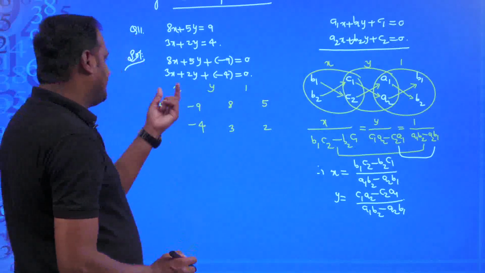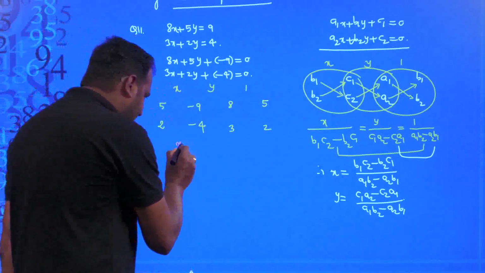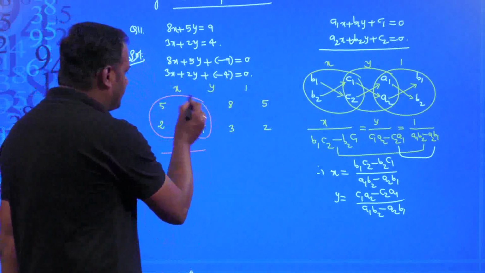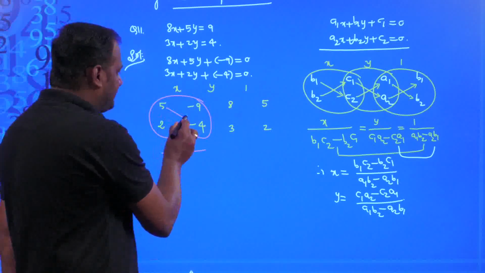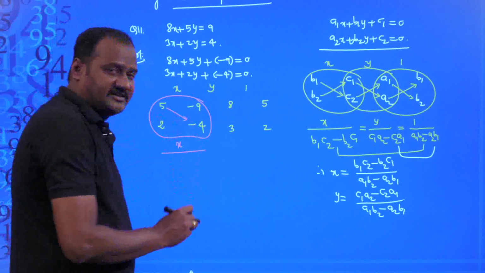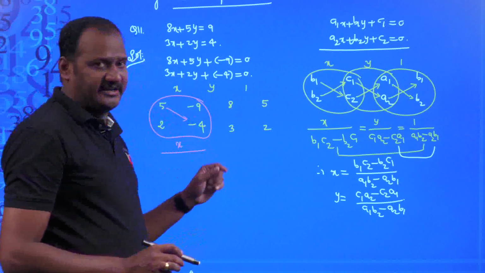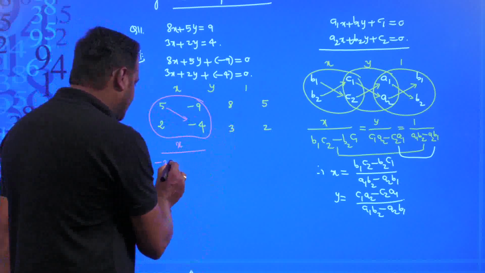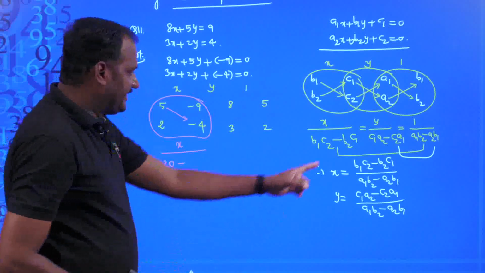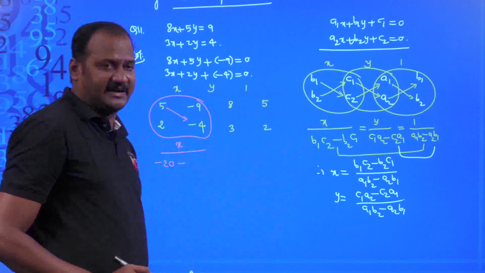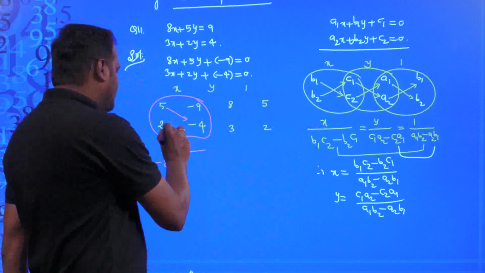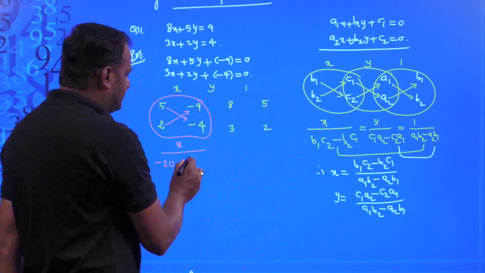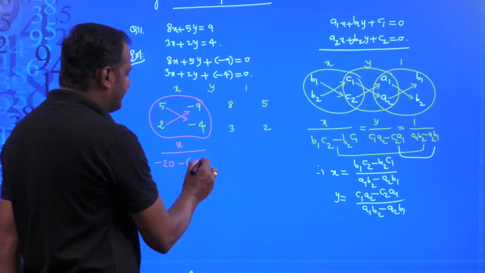Yes, for the value of x, you should write x divided by, take these two columns and do the cross product, meaning 5 into minus 4. 5 4s are 20, 20 into minus is minus 20. So this is minus 20 minus, because according to this method it is minus, and now multiply these two. 2 into minus 9 is equal to minus 18.